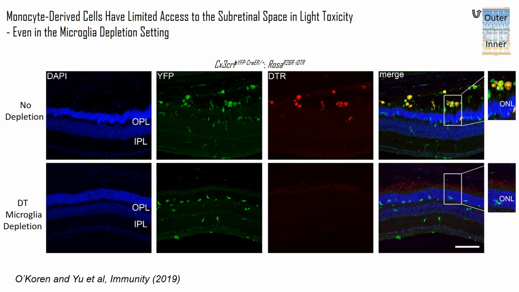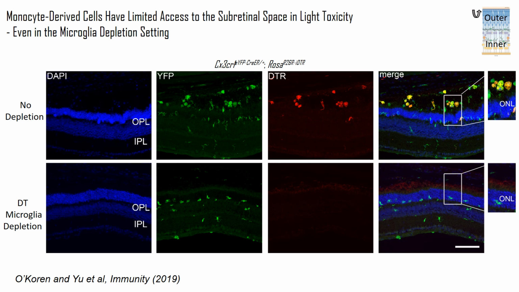One can see in the top panel with light toxicity, there are YFP cells throughout the depth of the retina, but only in the subretinal space do we find lineage traced DTR positive cells. And interestingly, when one depletes these microglia in a conditional manner, as you can see in the bottom panel, again under light toxicity settings, monocytes are spared, of course.